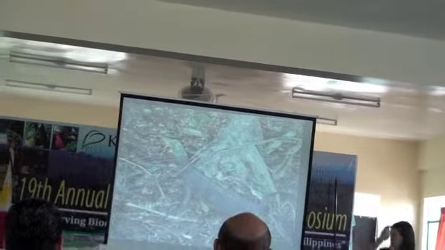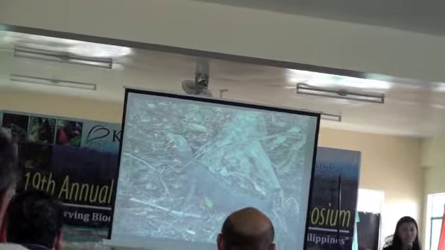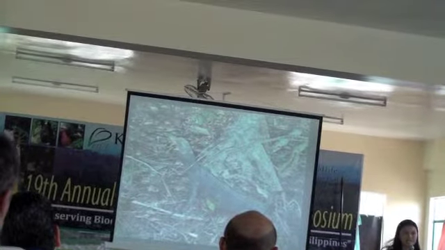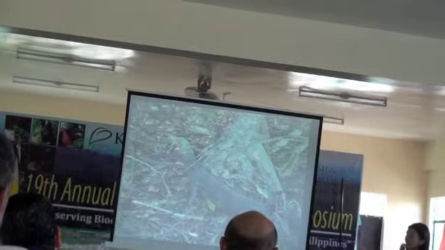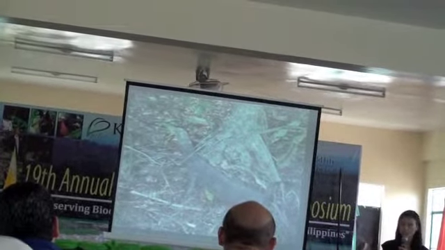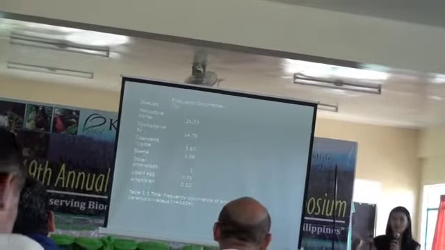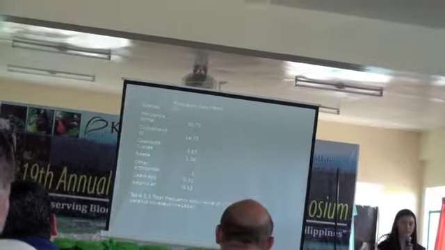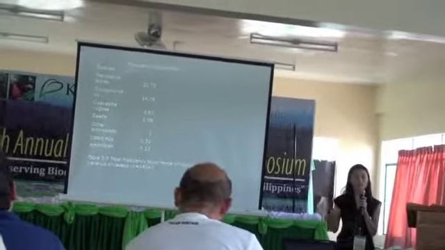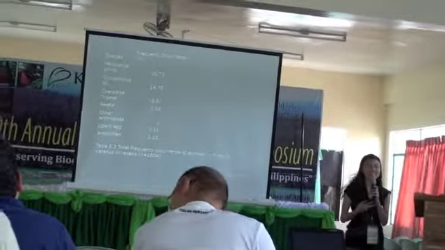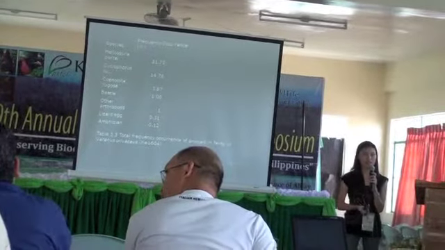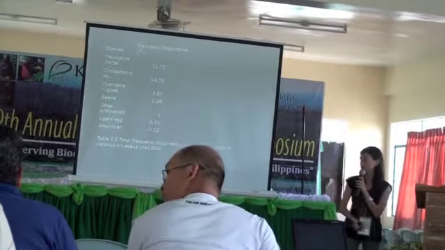And then this is the photo of the butaan feeding on the snail Helicostylus porteae. So, the shell of Helicostylus porteae is regularly present in the feces of the butaan.